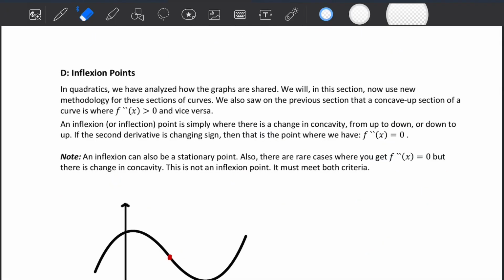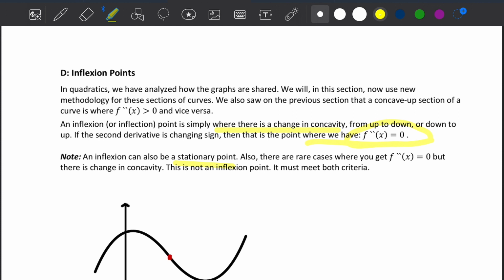Okay, then let's talk about inflection points. We already know that an inflection point is simply where there is a change in concavity from up to down or down to up. If the second derivative is changing sign, then that is the point where the second derivative equals 0. An inflection point can also be a stationary point. Also, there are rare cases where you get second derivative equal to 0, but there is no change in concavity, so this is not an inflection point.